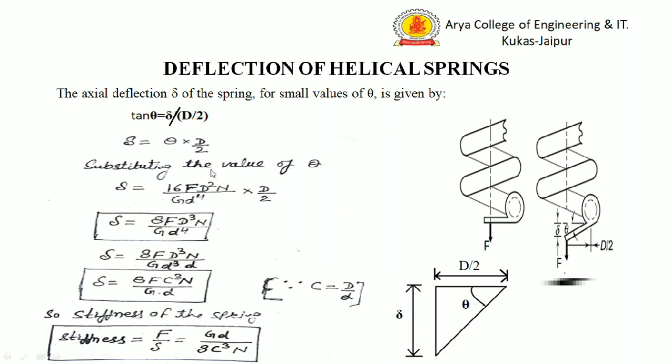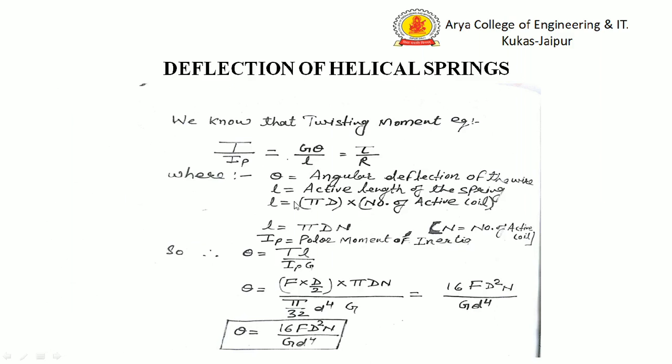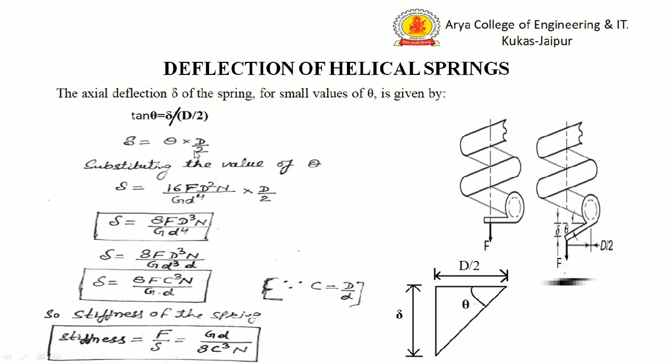Substituting the value of theta from the previous slide, we get delta is equal to 16 F D square N upon G d4 multiplied by D by 2. By simplifying this equation, we get delta is equal to 8 F D cube N upon G d4.